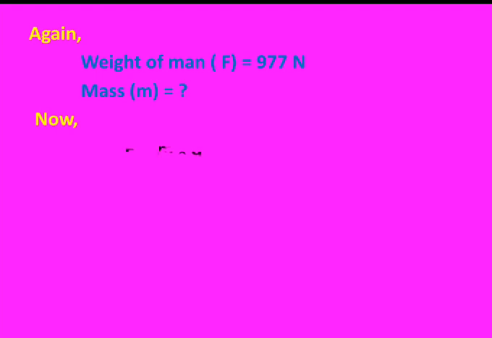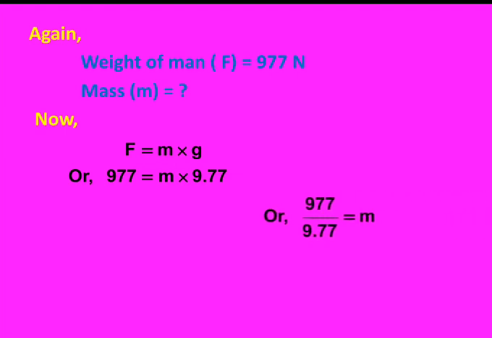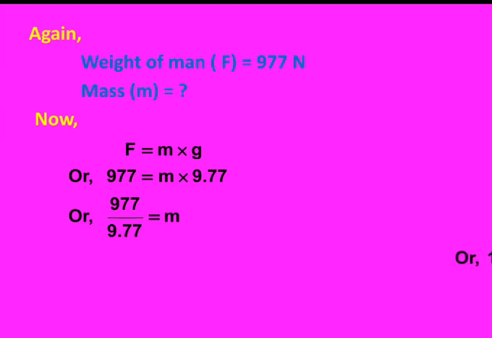Now, F equals small m into small g, or 977 equals small m into 9.77, or 977 upon 9.77 equals m, or 100 equals m. Therefore, m equals 100 kg.